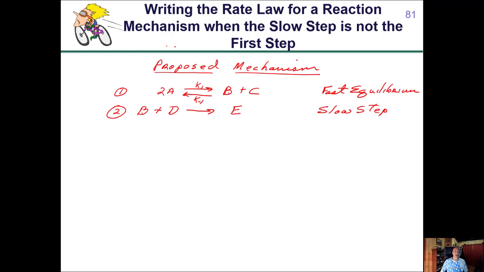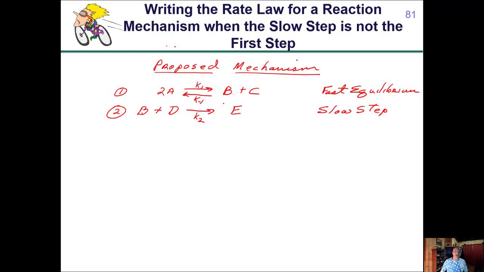You can recognize the intermediate because it's produced in the earlier step, that's B, and consumed in the second step. We've labeled the rate constant for the first step k1 for the forward direction, k-1 for the reverse direction. That's conventional. And then we can label the rate constant for the slow step as k2.